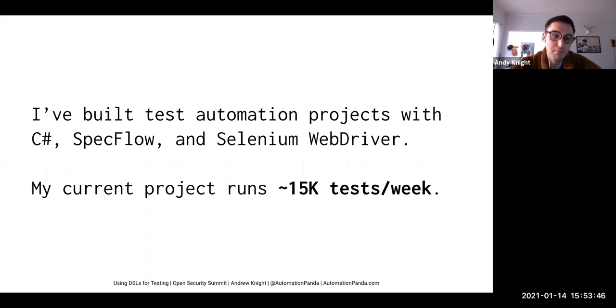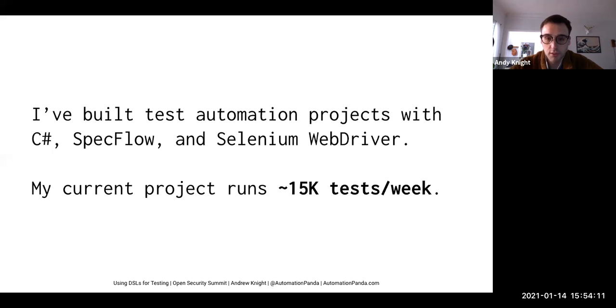I've built more than one test automation project with BDD frameworks. In fact, at my previous company, LexisNexis, and my current company, PrecisionLender, I've built large-scale test automation projects with well over 1,000 unique Gherkin scenarios using C#, SpecFlow, and Selenium WebDriver, SpecFlow being the BDD framework.